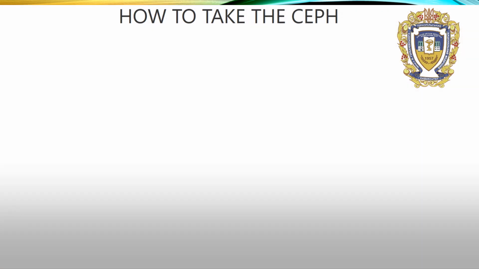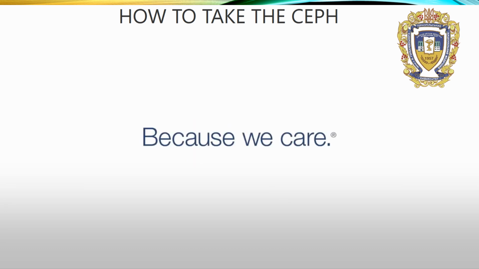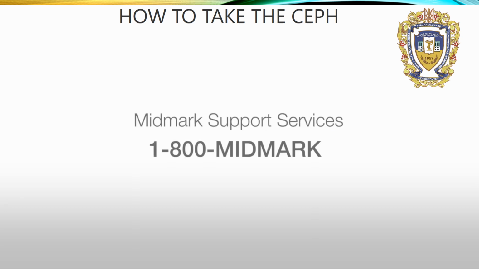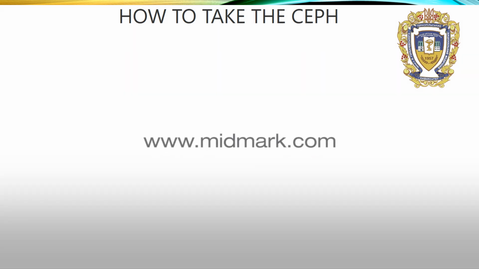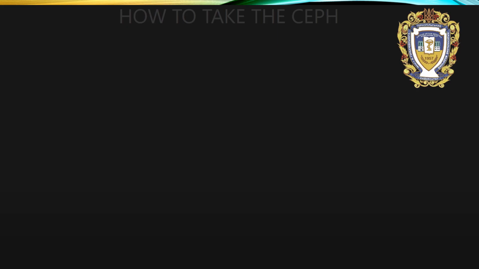For more detailed information about how to perform a cephalometric examination, please refer to the Progeny Vantage Panoramic X-ray System User Guide. For further support, contact Midmark Support Services at 1-800-MIDMARK or visit www.midmark.com.